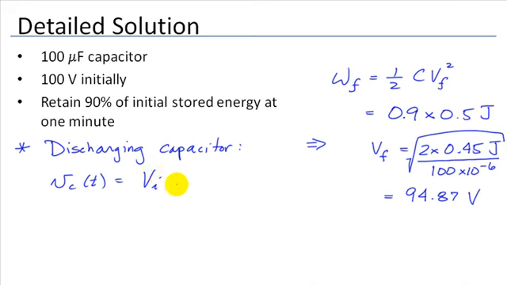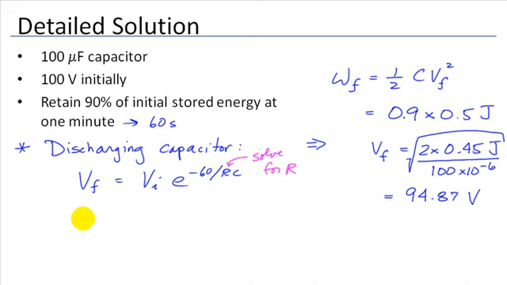Now, when a capacitor discharges through a resistance, its voltage V sub C has the form V sub I times e to the minus t over RC. So we can say that at the end of a 60-second interval, or that's the same thing as 1 minute, then we know that the voltage has that final voltage level of just under 95 volts. We have enough information then to solve for the associated resistance.